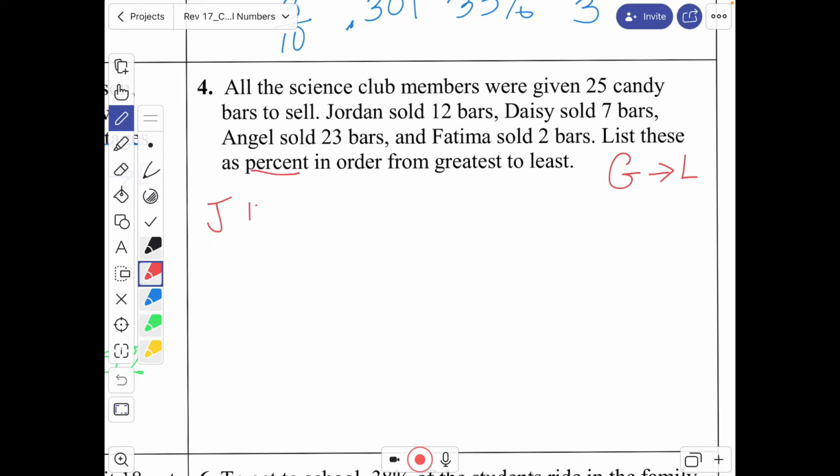So we'll start with Jordan, who sold 12 out of 25. Daisy, who sold 7 out of 25. Angel sold 23 out of 25. And Fatima sold 2 out of 25.